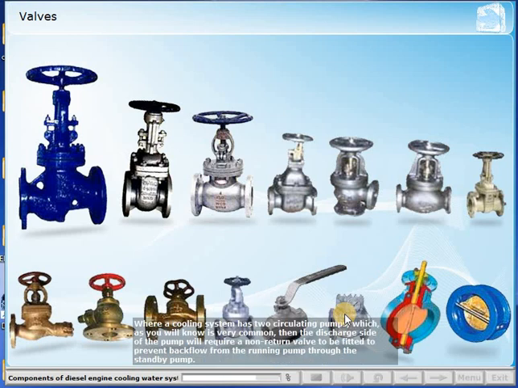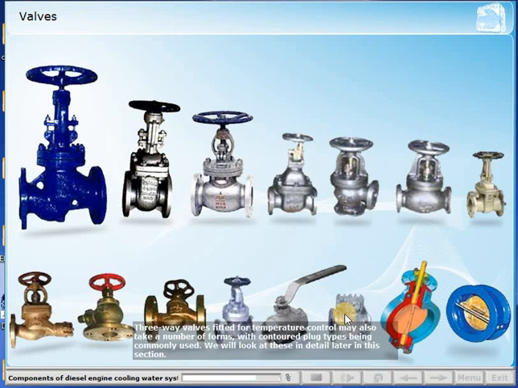Where a cooling system has two circulating pumps, which, as you will know, is very common, then the discharge side of the pump will require a non-return valve to be fitted to prevent backflow from the running pump through the standby pump. Three-way valves fitted for temperature control may also take a number of forms, with contoured plug types being commonly used. We will look at these in detail later in this section.